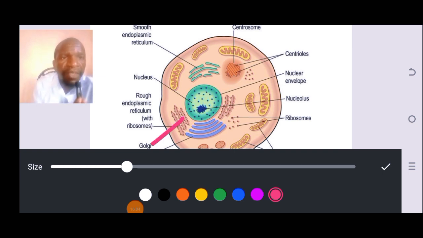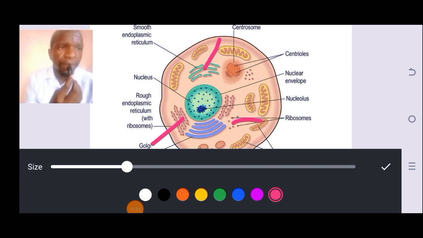That is the rough endoplasmic reticulum because it contains some ribosomes. So when these ribosomes are on the endoplasmic reticulum, it becomes the rough endoplasmic reticulum. When the endoplasmic reticulum doesn't have the ribosomes, it's smooth endoplasmic reticulum, as you can see here. This is the smooth endoplasmic reticulum, right?